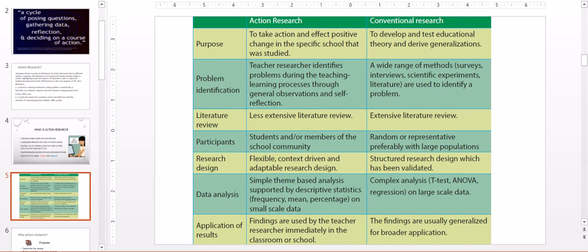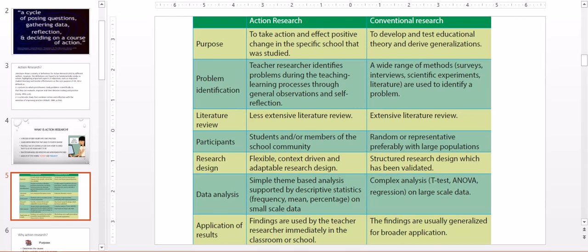So what's the difference between action research and conventional research? Action research is very effective to bring change in classroom practice within the school. Conventional research tests education theories and derives generalizations. For problem identification, problems during the teaching-learning process can be observed and self-reflection brought on our own practice in action research, whereas in conventional research, a wide range of methods is used to identify the problems.